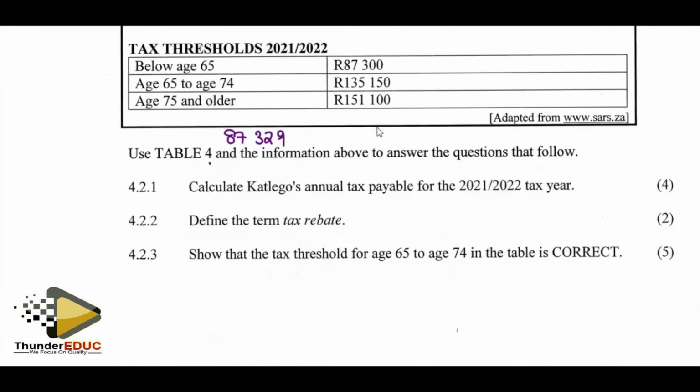Bracket number 1 says take 18% times that amount. When you do that, it is 15,719.22. We subtract the rebate.